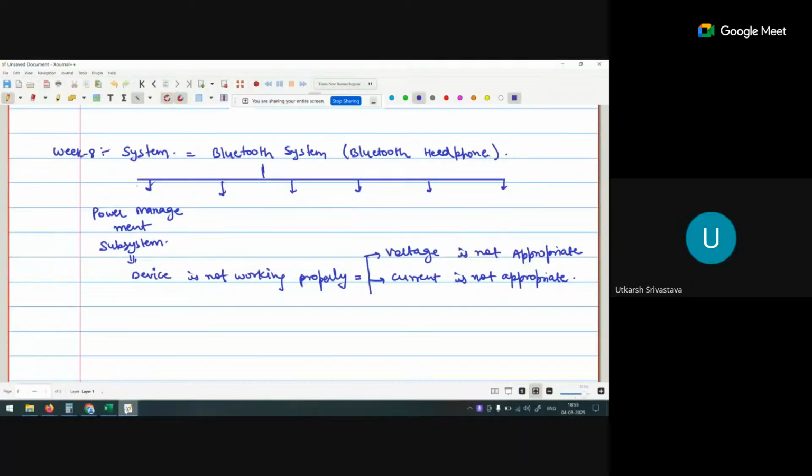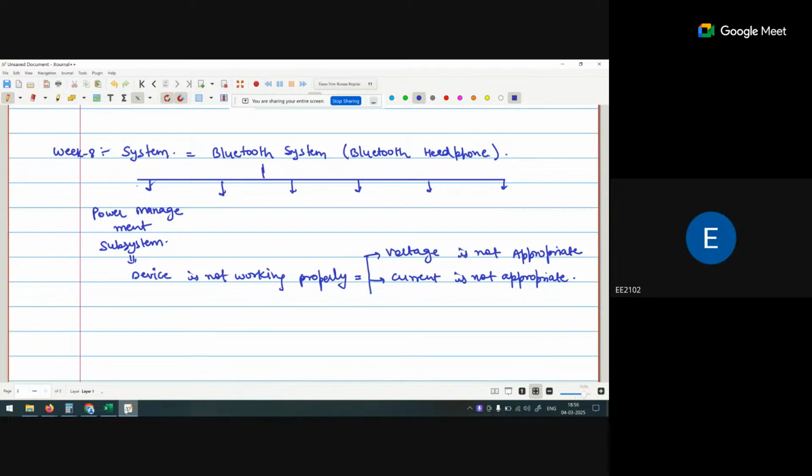Hello, am I audible? Yes, sir, you are audible. Okay. So have you noticed that sometimes you charge your mobile phone with your original charger, and sometimes with other chargers, and the discharging rate of your mobile phone is faster as compared to the original charger? Have you noticed this thing? Yes, sir. The reason of this one?